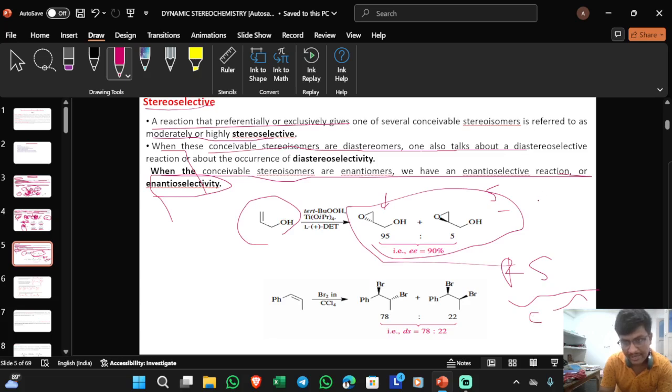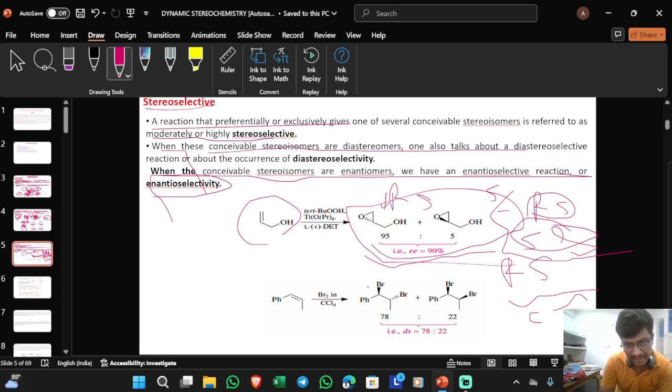R and S are enantiomers. But these compounds are diastereomers, because two centers are the same but two centers are different. This type of example is diastereotopic, but here R and S are different, so these two compounds are topic.